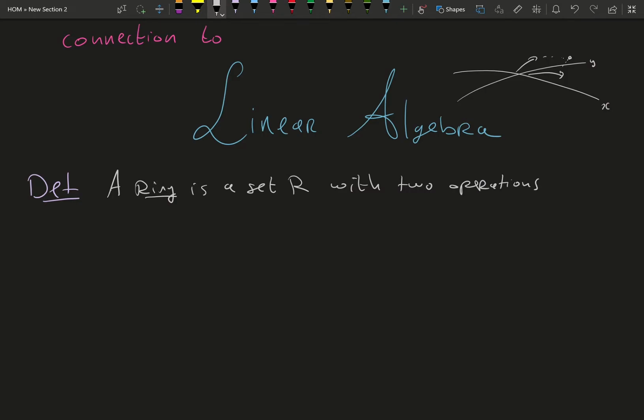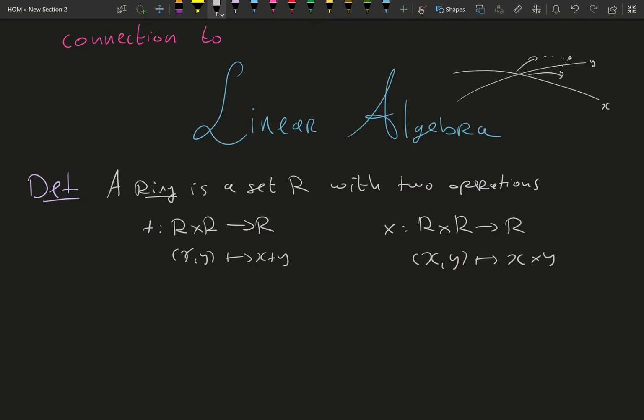We have the operation plus from R cross R to R, and it sends x, y to x plus y, and we call that addition. And we have an operation times from R cross R to R, and it sends a pair x, y to x times y, and it's called multiplication.